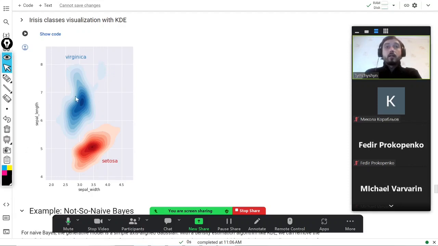And you see that KDE gives us some information on these parameters, and we can gain some intuition about what to expect. So if I have some request, for example, what is the iris with these sort of parameters, I can just, looking at these plots, make some educated guess.